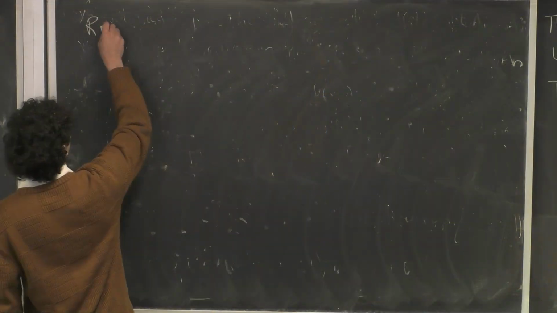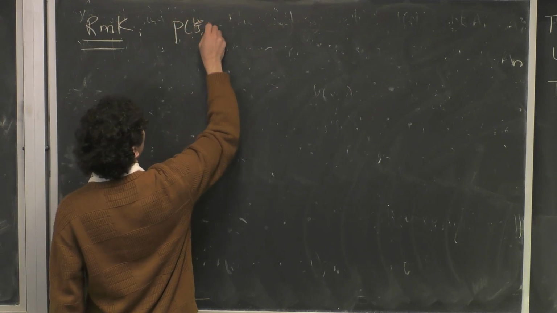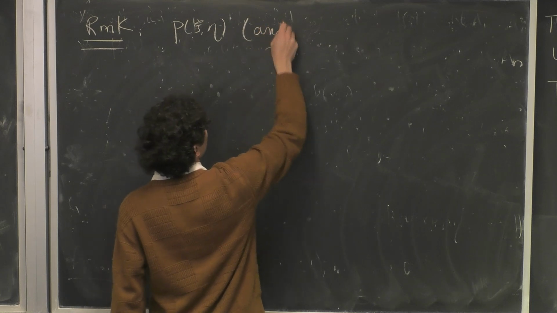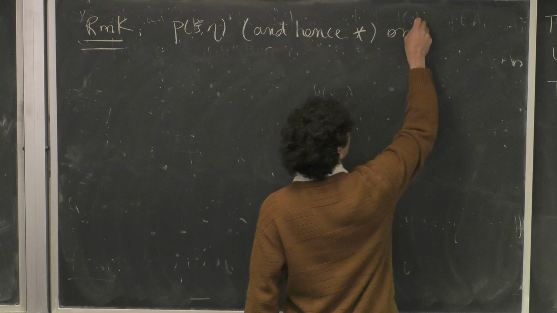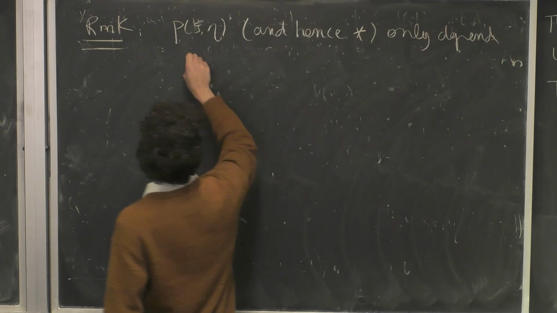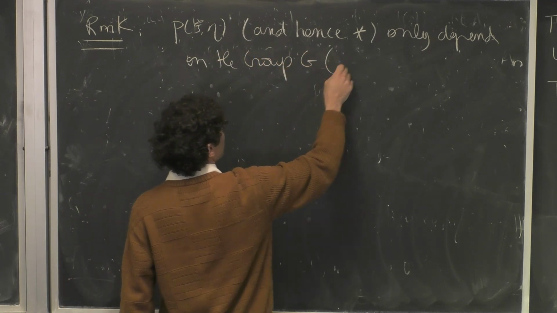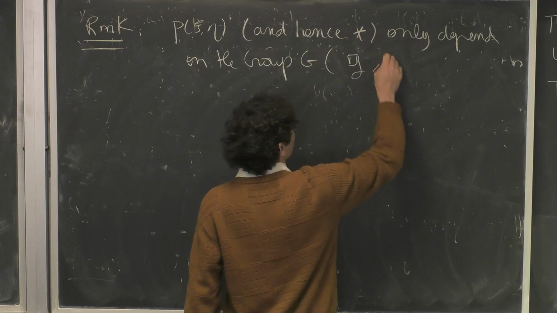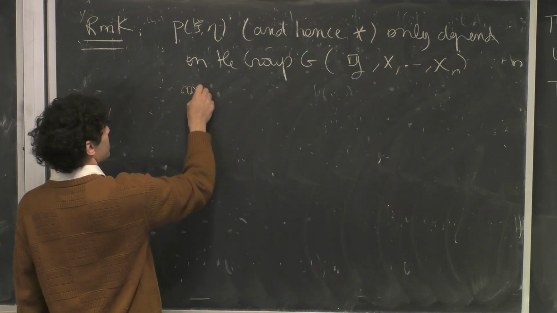So just as a remark, P, and hence the skew product, only depend on the group G and the particular basis for the Lie algebra, and not the particular representation.